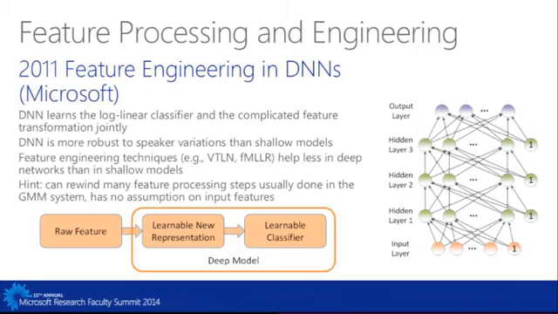So lots of work has also been devoted to trying to understand why the DNN system actually works. And in 2011, Microsoft researchers tried to see whether the feature engineering techniques that worked before for GMM also work for DNN, and we found out that those techniques help much more on the shallow models than on the deeper models.